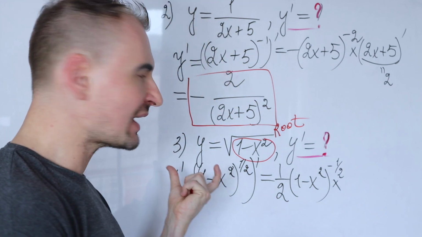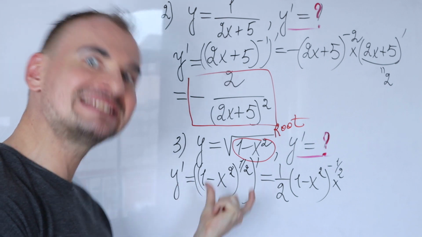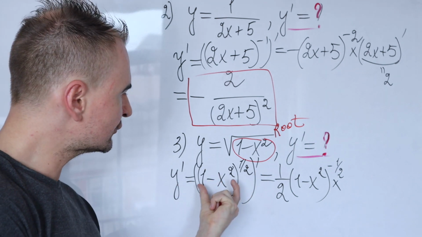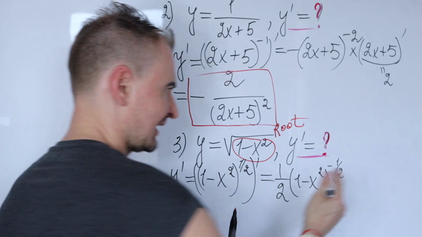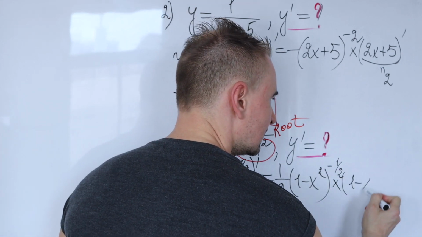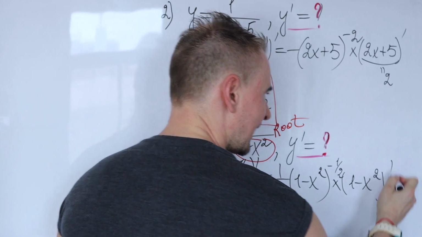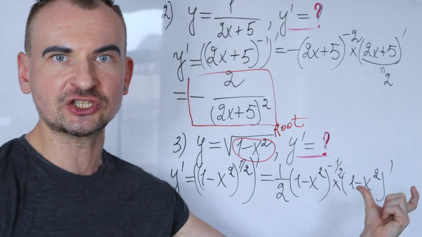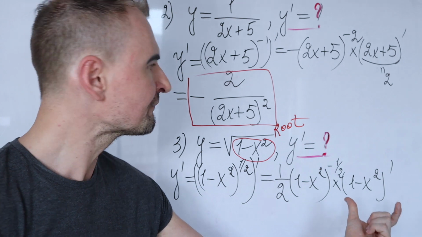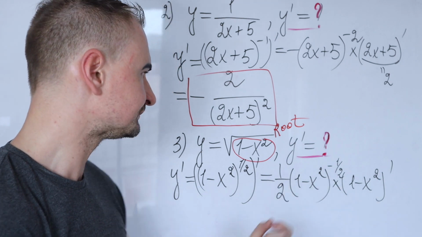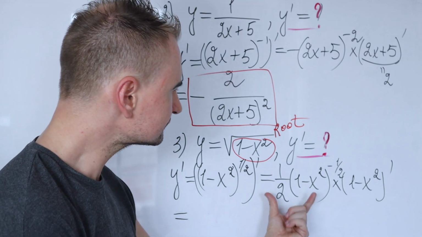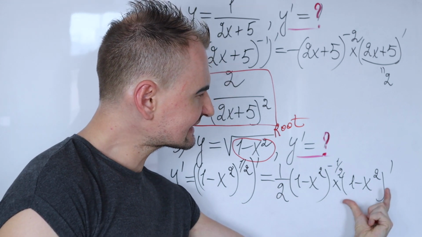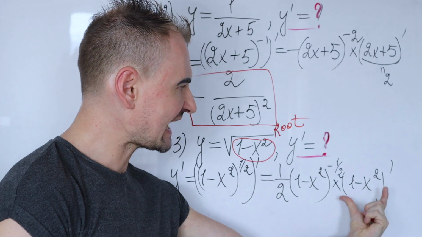But because you have a composition of functions, you have to take the derivative of 1 minus x squared. It gets multiplied: 1 minus x squared prime. I'm using prime notation, which is due to Lagrange, I believe, the notation for derivative. Keep going, keep simplifying. Let's tackle the second term.